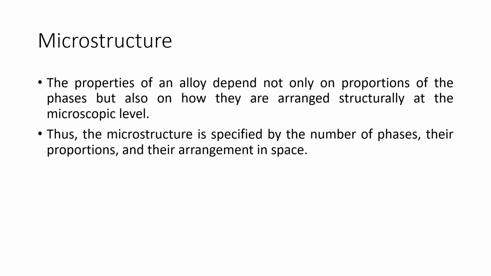The properties of an alloy depend not only on the proportions of the phases, but on how they are arranged structurally at the microscopic level. Thus, the microstructure is specified by the number of phases, their proportions, and their arrangements in space.